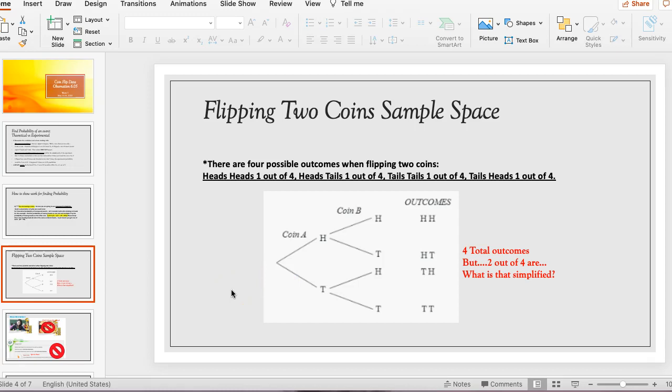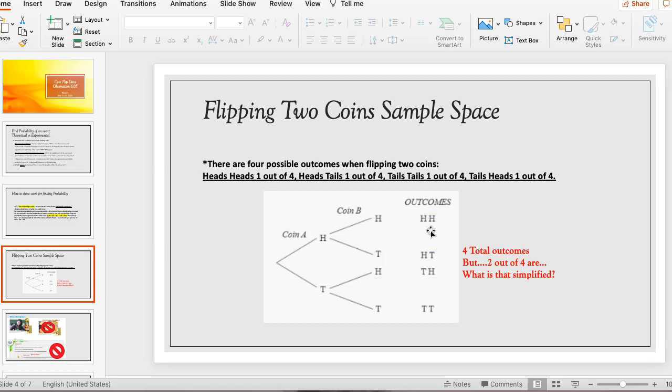There are 4 possible outcomes when you flip 2 coins. For example, you can flip coin A, then you can flip coin B. If you flip coin A, it could land on heads. You can flip coin B, and it could also land on heads, meaning the outcome is both coins land heads.